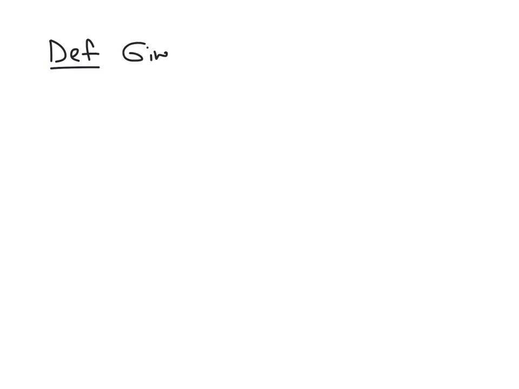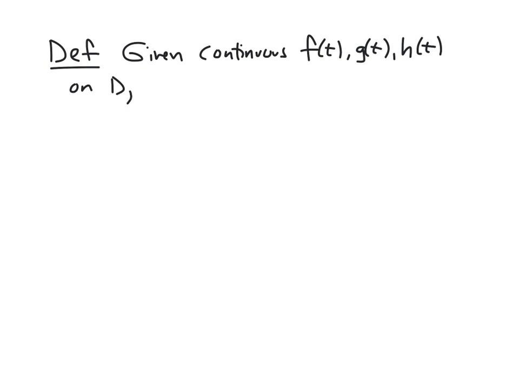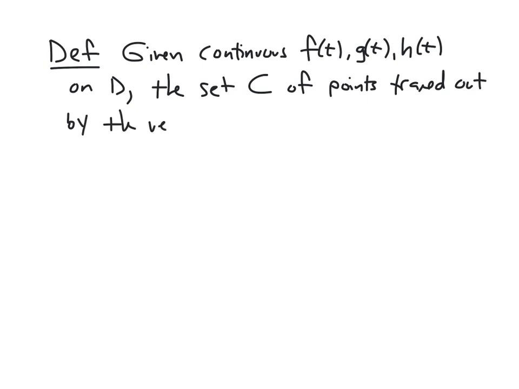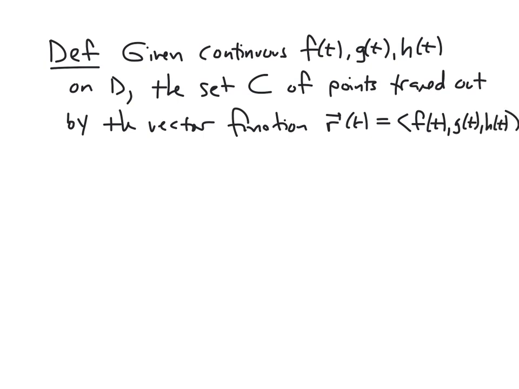So if we're given continuous functions f of t, g of t, and h of t, defined on some domain D, then the set capital C of points traced out by the vector function r of t, which is going to have component functions f of t, g of t, and h of t, where t ranges over D, is called a space curve.